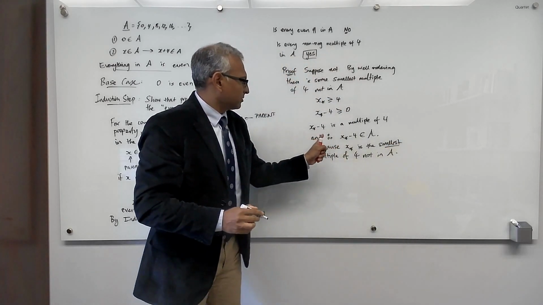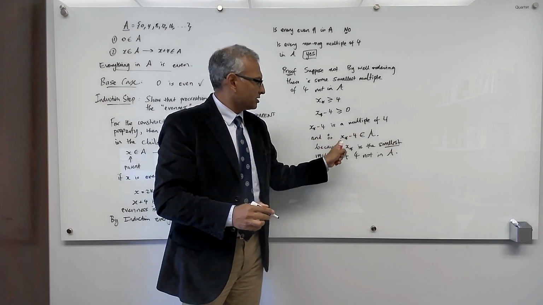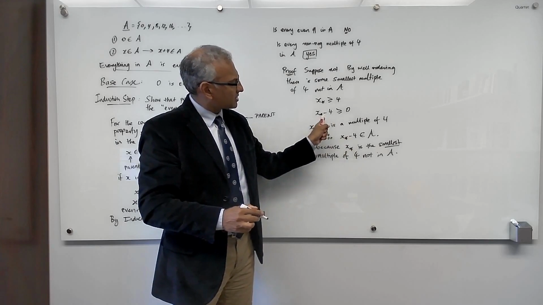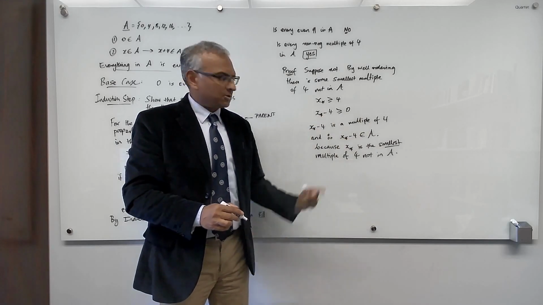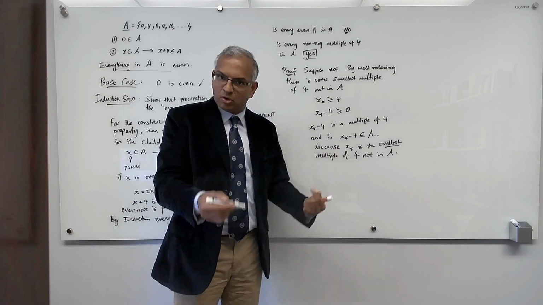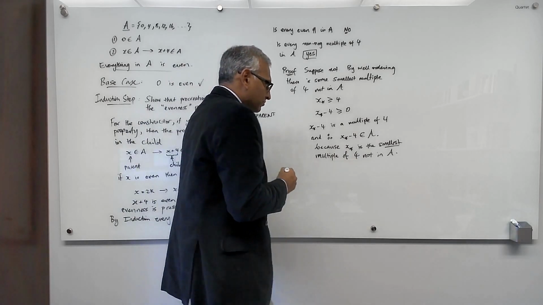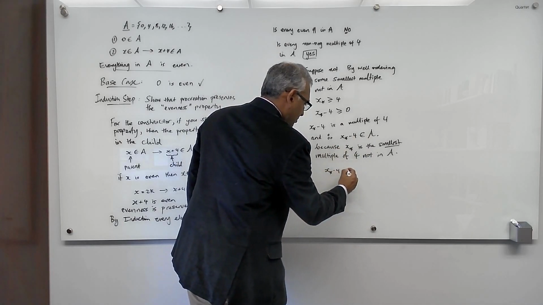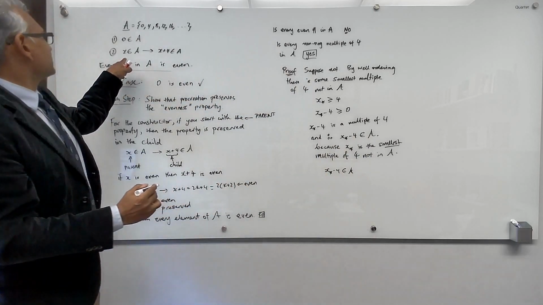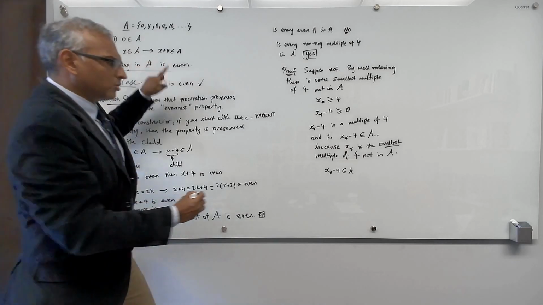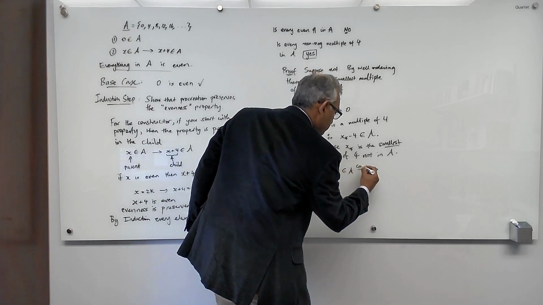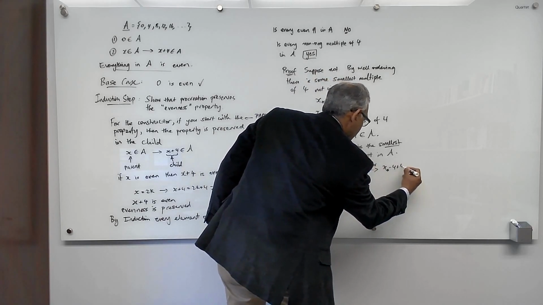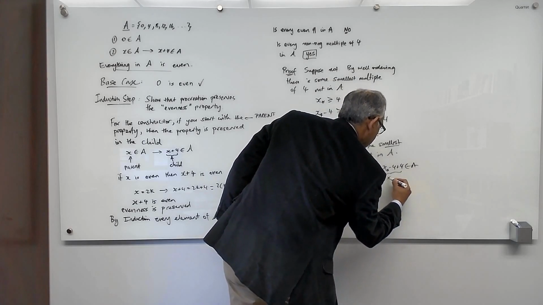This is a multiple of 4, and it's smaller than x star. Therefore, it must be in A, because otherwise x star wouldn't be the smallest one that's not in A. So x star minus 4 is in A. But then by the constructor, x star minus 4 plus 4 is in A. But this is just x star.